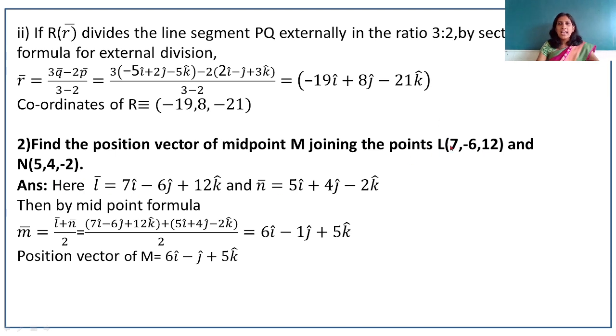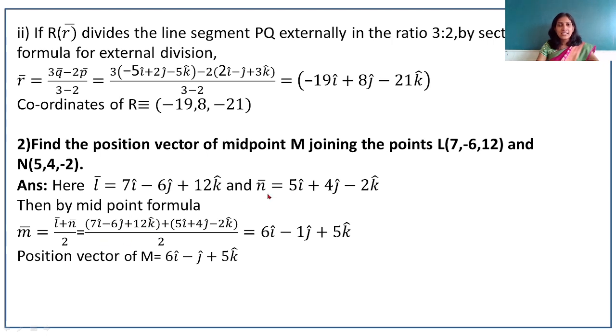So here L bar is equal to 7i cap minus 6j cap plus 12k cap. This is the position vector of L. Position vector of N, it is N bar is equal to 5i cap plus 4j cap minus 2k cap. Then by midpoint formula, M bar is equal to L bar plus N bar divided by 2.